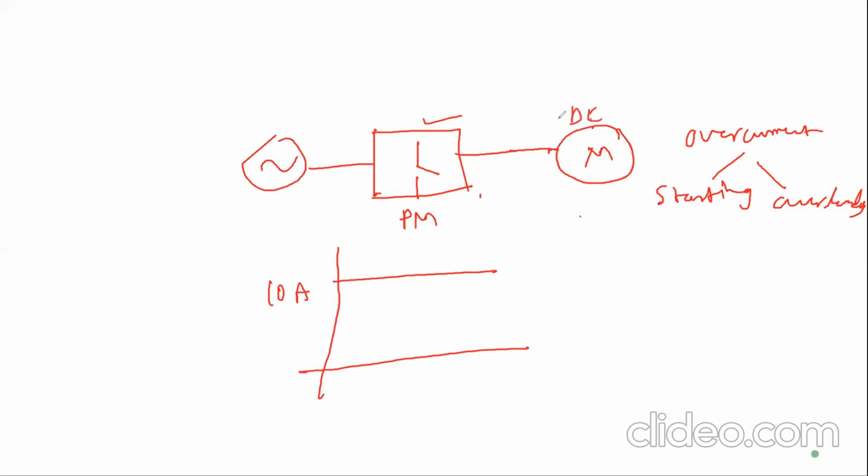When this switch is on, the supply is connected to the motor, which means the current will rise. When this current goes beyond the limit we place, 10 ampere, this switch will open.